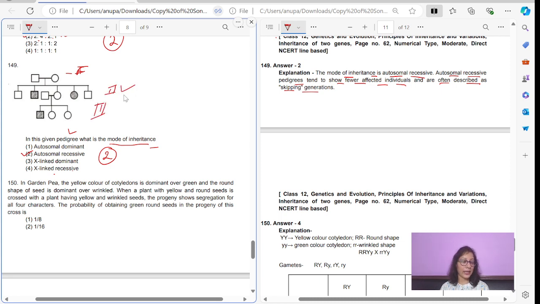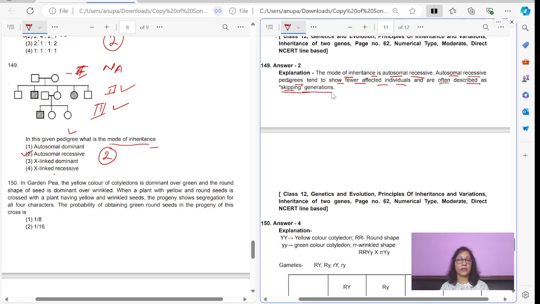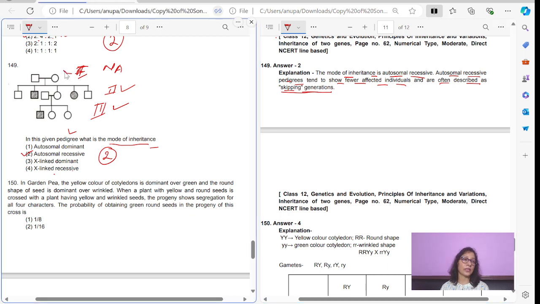Individuals are affected in the second and third generation, but the first generation, that is the parents, are not affected. In an autosomal recessive type of pedigree, they show skipping of a generation, meaning this one generation has been skipped. Hence, this pedigree shows the mode of inheritance which is autosomal recessive.